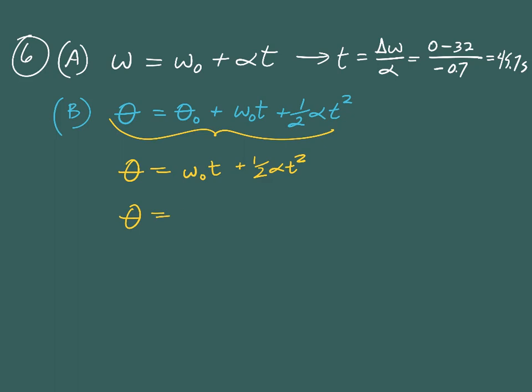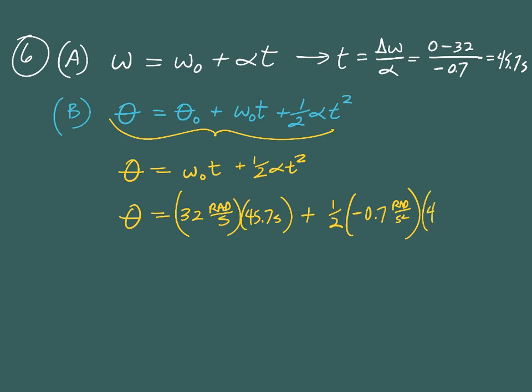So theta is going to be a 32 rads per second times 45.7 seconds, how long it takes to decelerate, plus 1/2 of our negative 0.7 rads per second squared times the 45.7 seconds squared. So in the end, you do all this crunching, you get 731 radians. That makes sense.